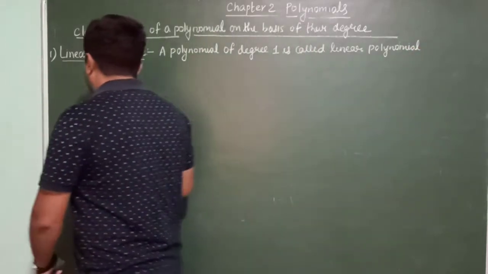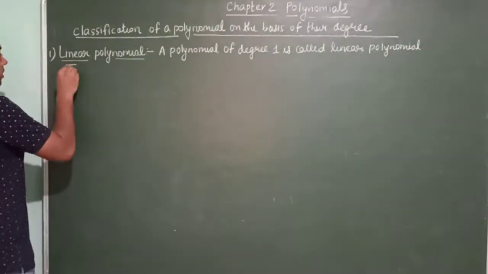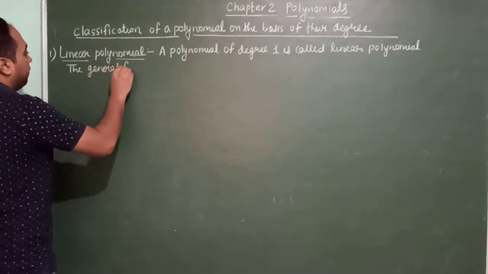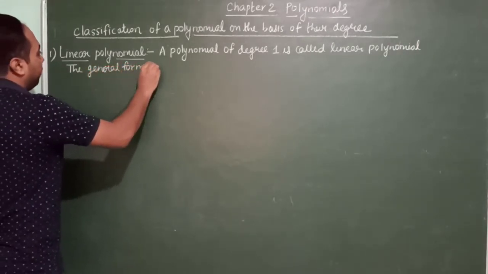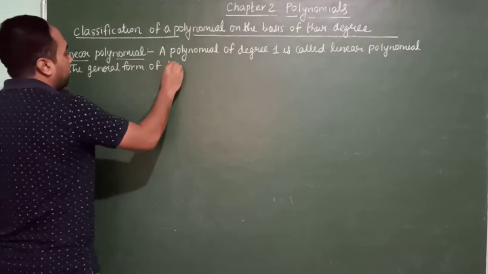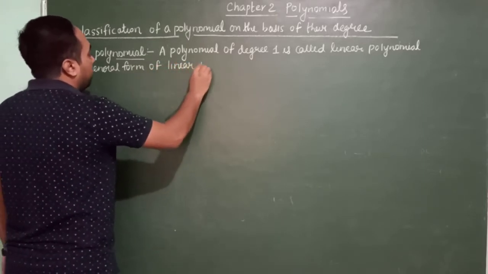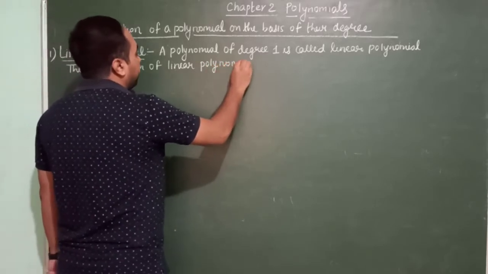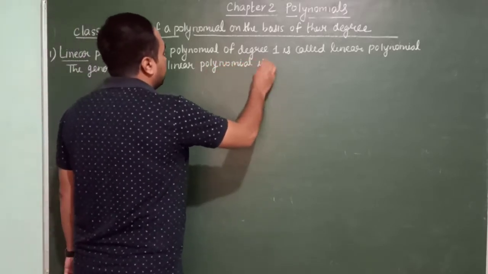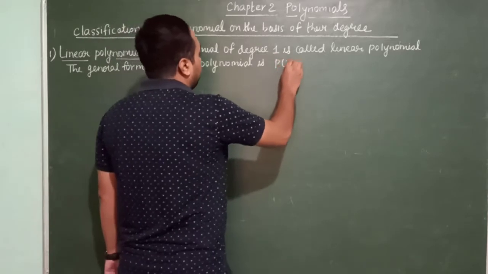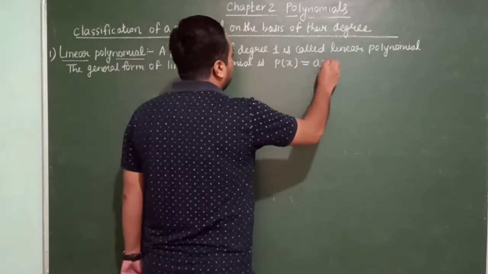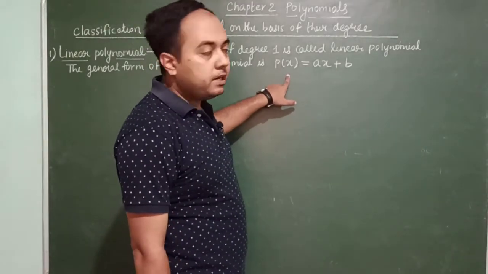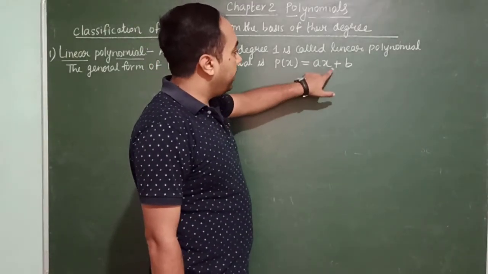The general form of a linear polynomial is p(x) = ax + b. P(x) means a polynomial in variable x is equal to ax + b.